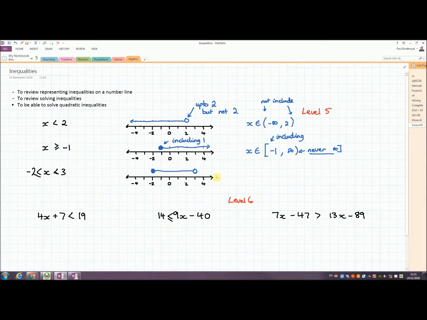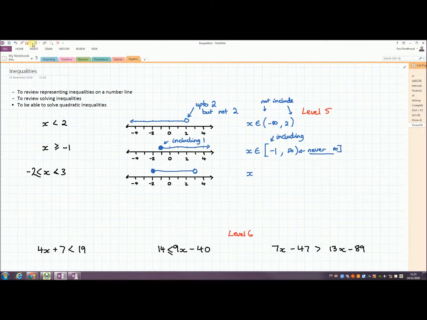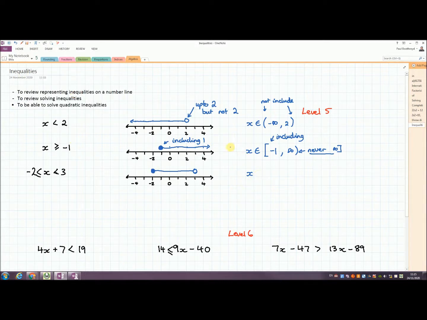There is another example that I'd like to do that's not on the Transom. I'll put that in here. So let's just finish this example off and then I'll do another one. So representing x belongs to a set of values including minus 2 to the value 3, but not including the 3.